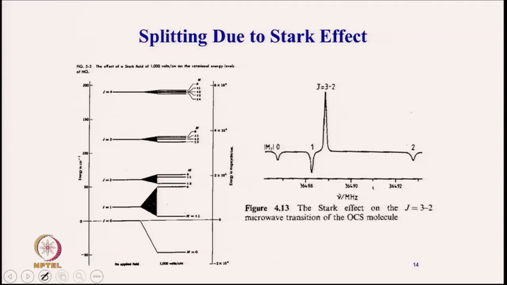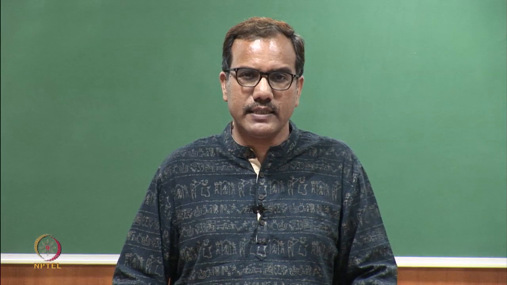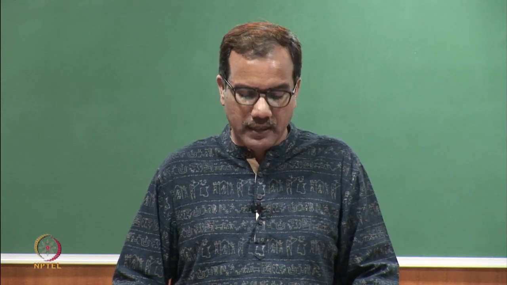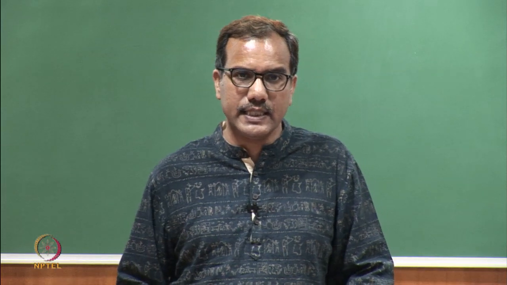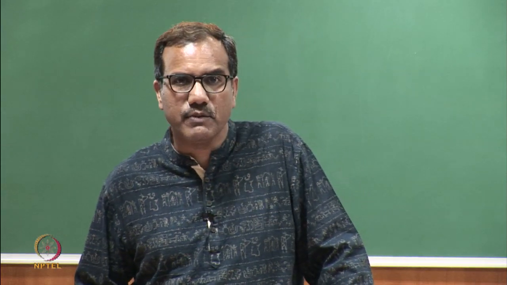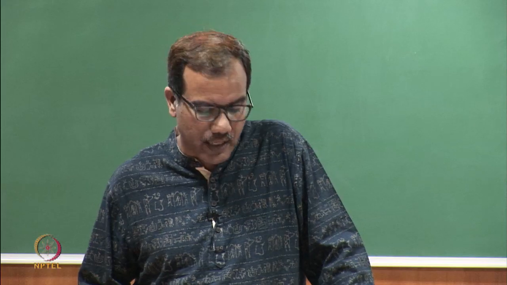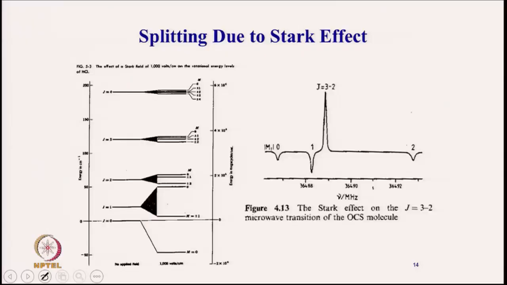If you remember, rotational levels are degenerate, and the degeneracy is given by 2j plus 1, but this degeneracy is lifted in the presence of an electrical field, which is known as the Stark effect. So the levels j equal to 0, 1, 2, 3, 4 split into j plus 1 levels.